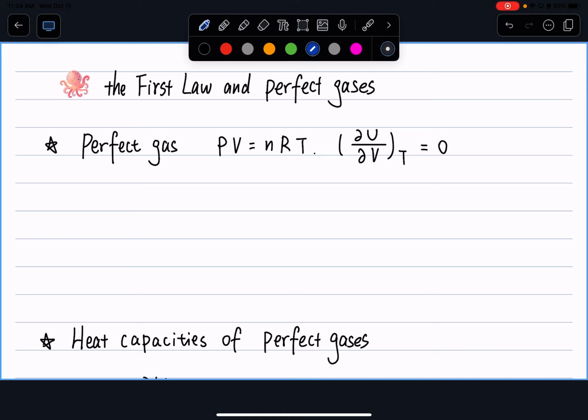When we're talking about perfect gas or ideal gas, there are several things we want to keep in mind. First of all, whenever you see ideal gas in your problem, you should instantaneously write out the ideal gas law. Remember, that's an equation of state that tells you the relationship between your macroscopic properties like pressure, volume, temperature, and number of moles. For ideal gases, we also have some additional properties. For example, your internal energy is independent of its volume.